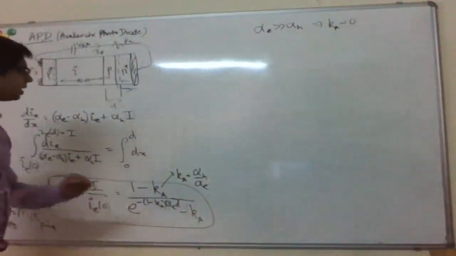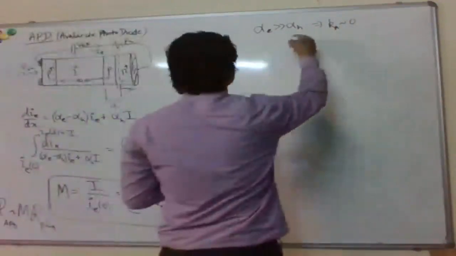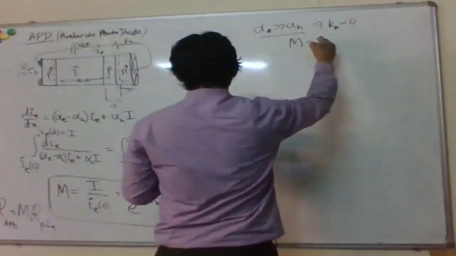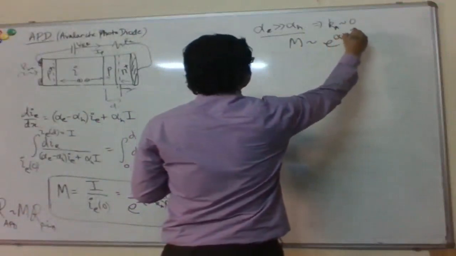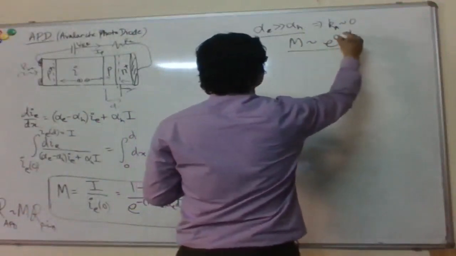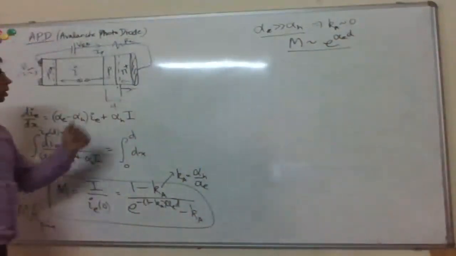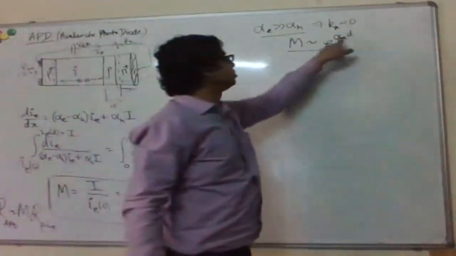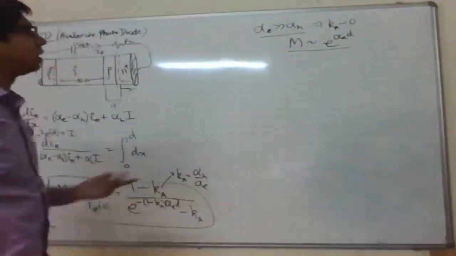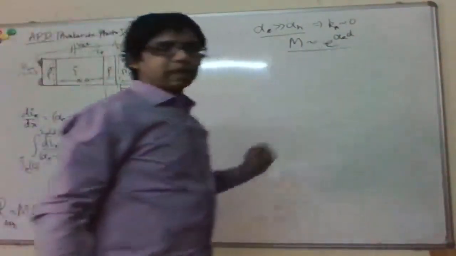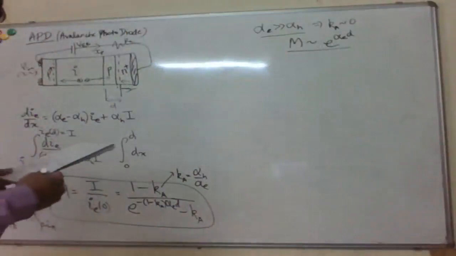In that limit, M now depends exponentially on the thickness of the multiplication region, and only the electron impact ionization coefficient comes in here.